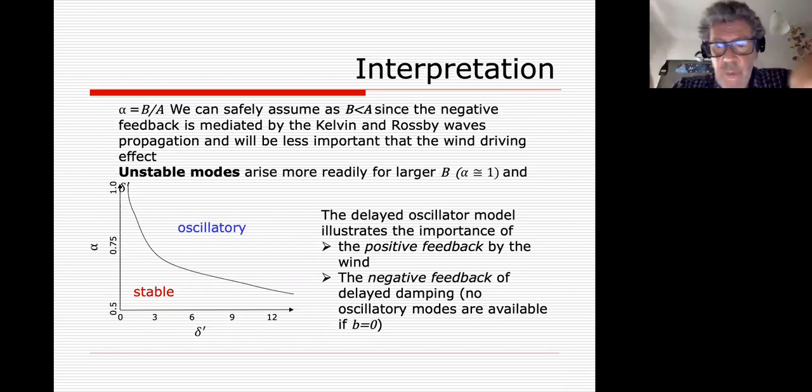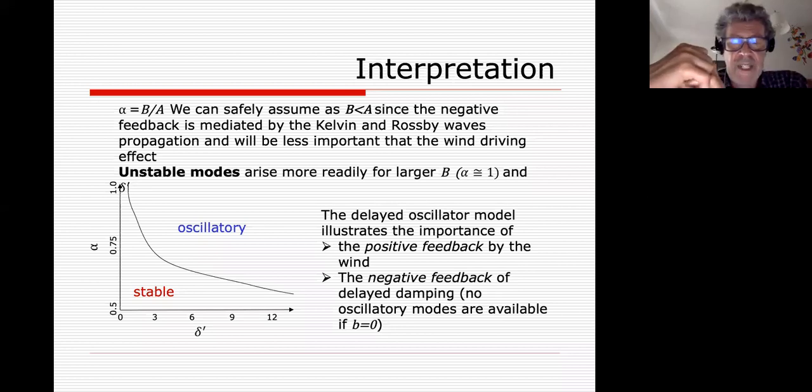If B is 0, we don't have any oscillation. So to have an oscillatory solution, we do need some negative feedback connected to delayed damping. This kind of model is not realistic as a toy model, but can give some important conceptual advance in understanding why the system behaves as it does.